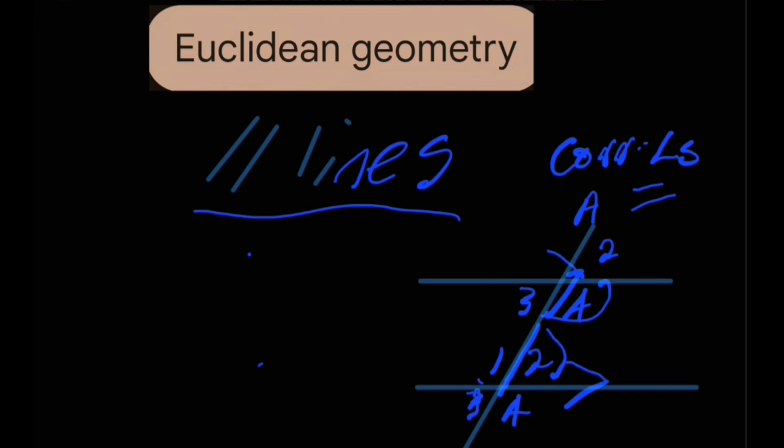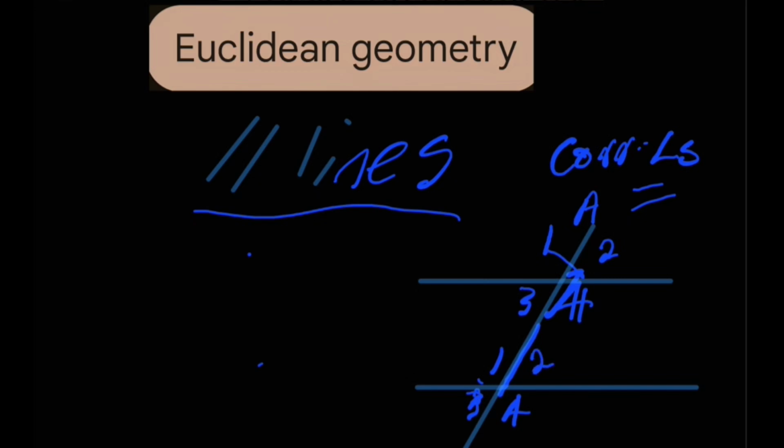So those are co-interior angles. They add up to 180 degrees. And then also we have alternating angles. These are simple things. I'm pretty sure you'll be able to know those.